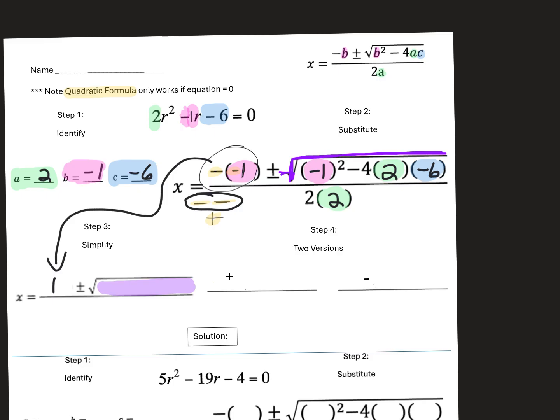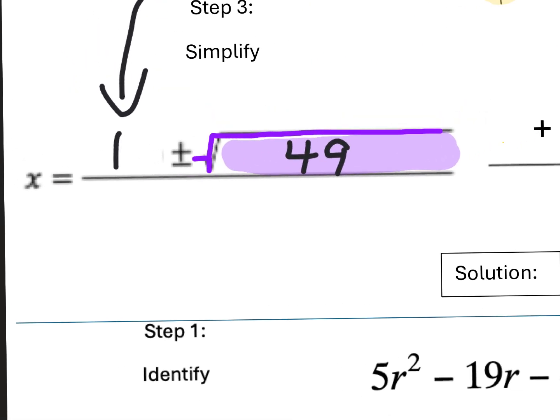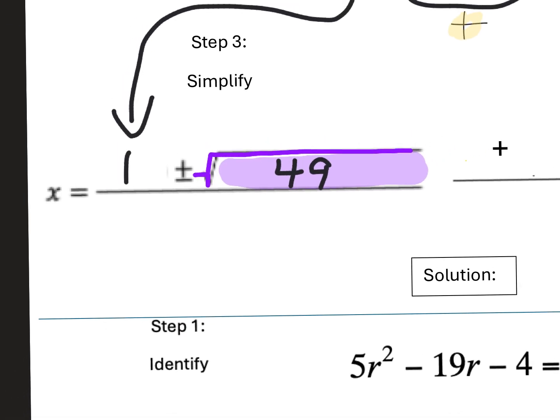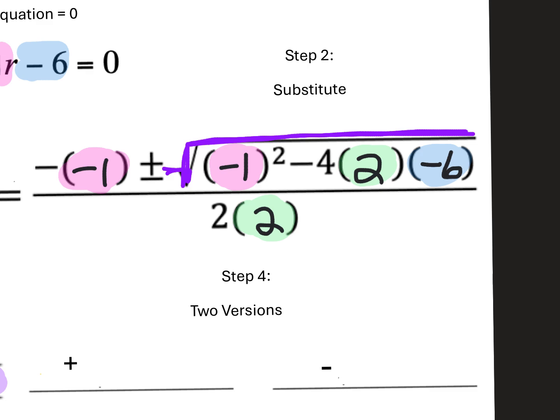So the math, everything underneath the square root is a 49. And notice the square root symbol is still there. I haven't done anything with that yet. And then at the bottom of my formula, 2 times 2 is equal to 4. So that 4 needs to go down here underneath my fraction, down in the denominator.